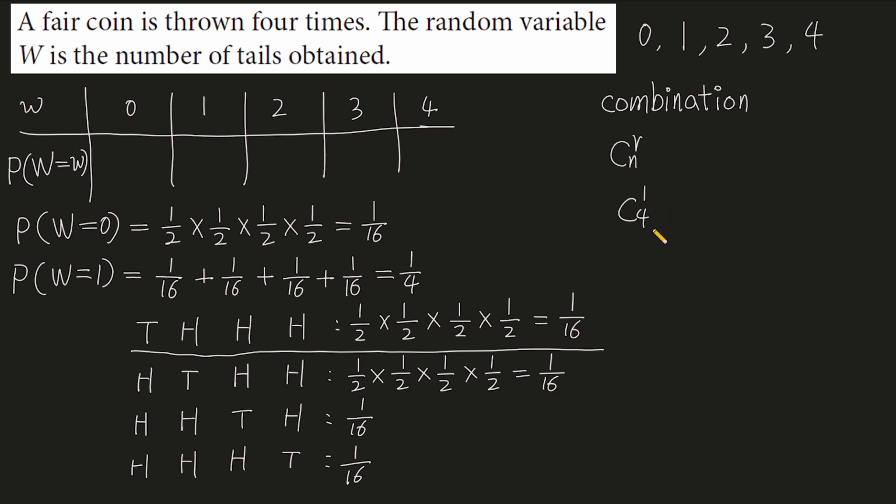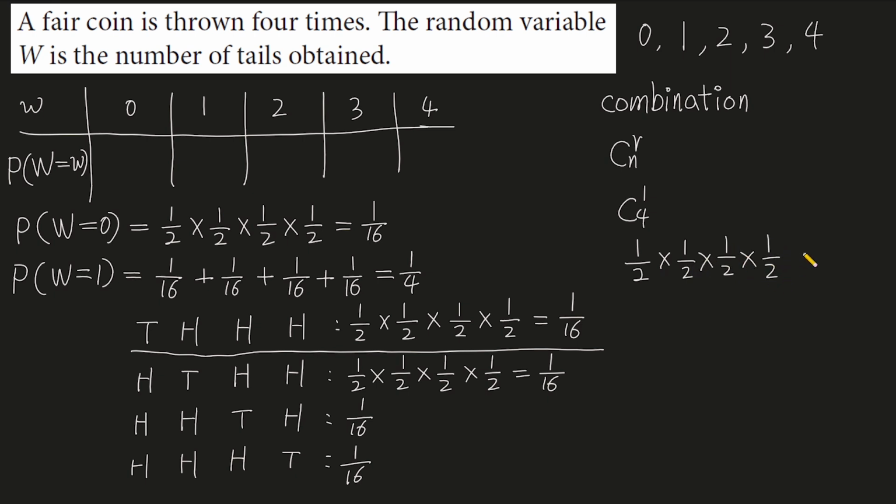And in each way, we calculate the probability that the one term we choose is tail, and the other three terms are heads. The probability that the one term is tail is 1 over 2, and the other three terms are heads, the probability is 1 over 2, 1 over 2, 1 over 2.